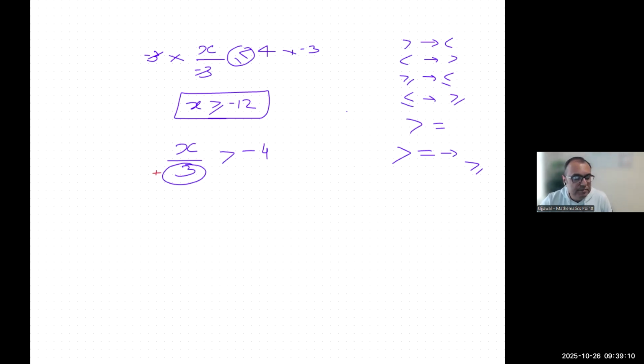It's not a -3. So whenever you have a positive number being multiplied or divided, and you're trying to get rid of it, we don't change the sign.